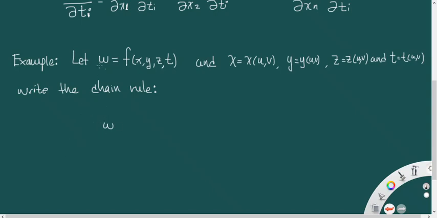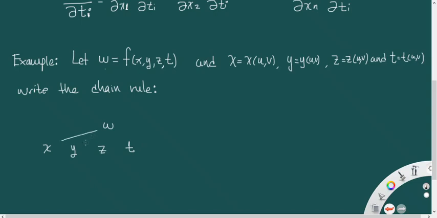So this is w, which is the dependent variable, and we have all these four variables, which are, let's say, x, y, z, and t.